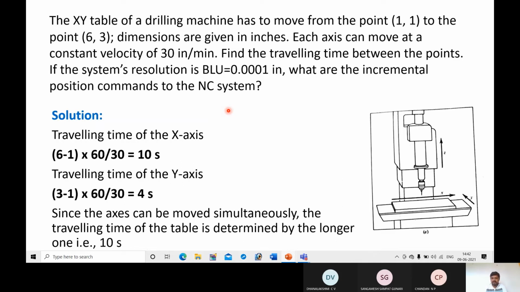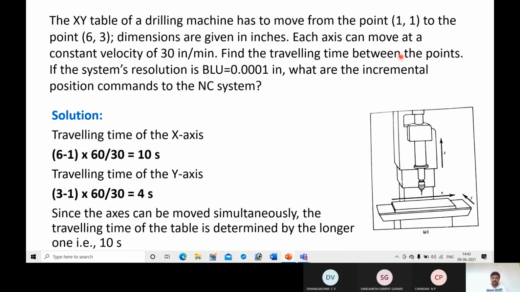That is the question. For one incremental position, you are able to move the table along the x or y axis a distance of 0.0001 inches. Suppose you want to move the table along the x-axis for 5 inches, how many incremental positions are required?